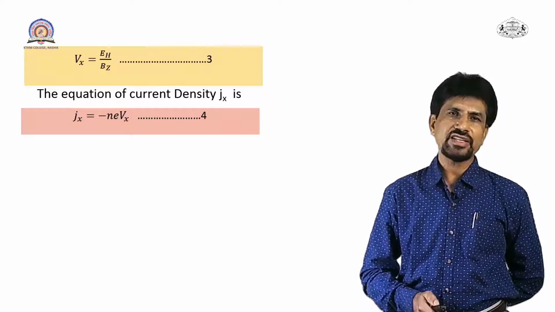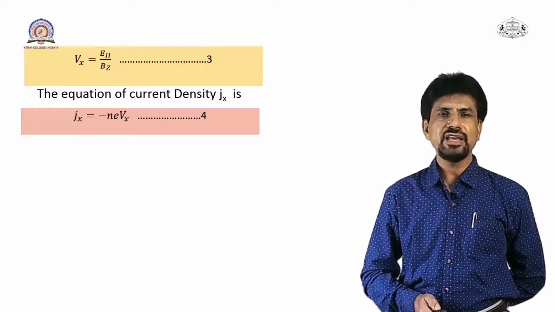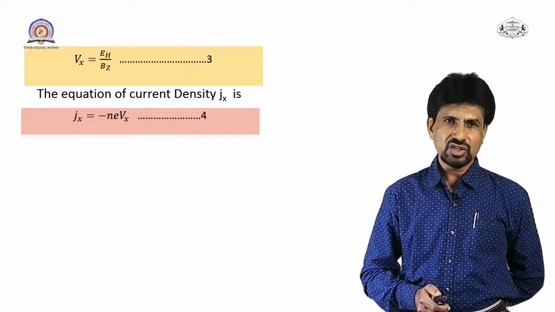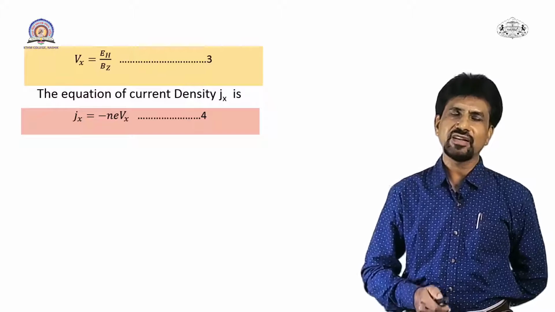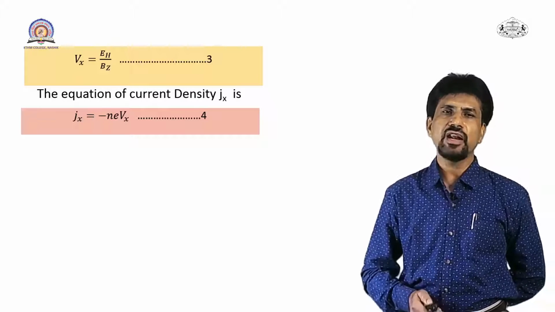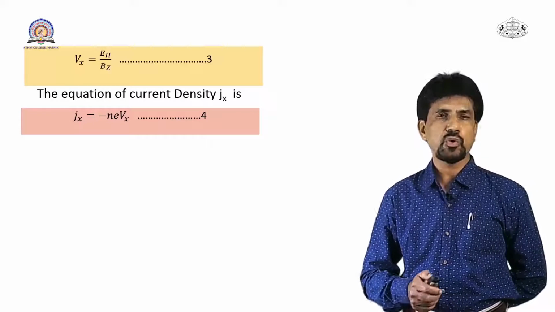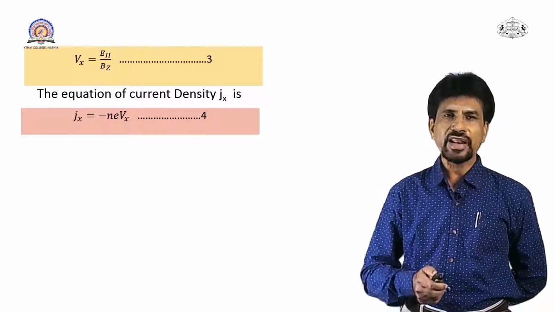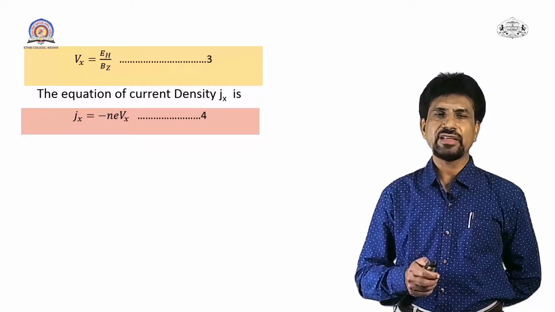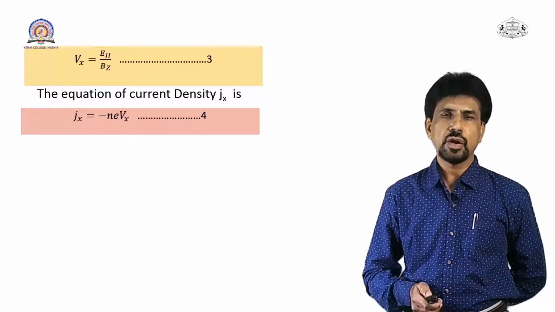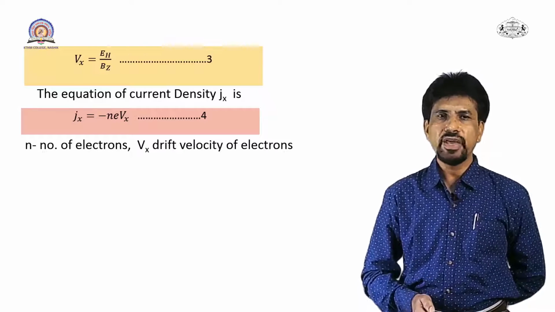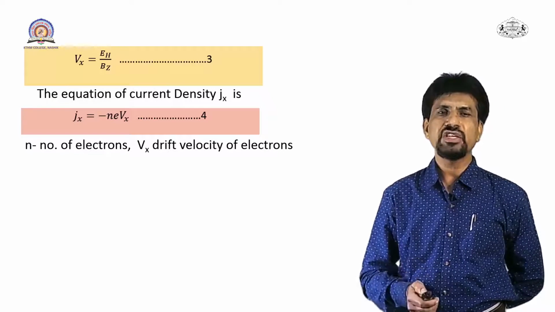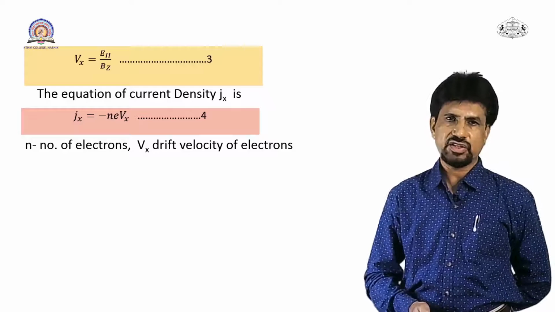So Jx is equal to minus N e Vx. Here N is the number of electrons present in the conductor, e is the charge on the electron, and Vx is the drift velocity. The negative sign indicates that the direction of the current and the direction of the drift velocity are opposite, so the drift velocity is in the negative direction of the x-axis.